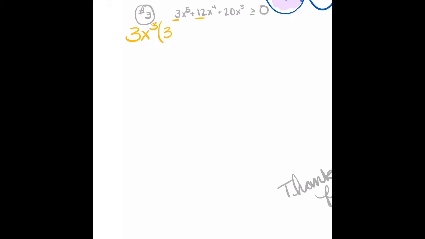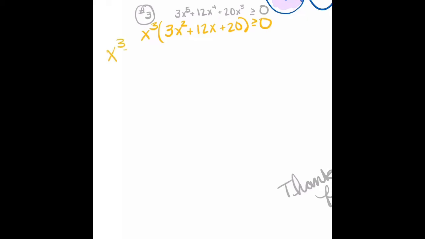All right, let's leave the 3 in. Okay, so we have 3x squared plus 12x plus 20.